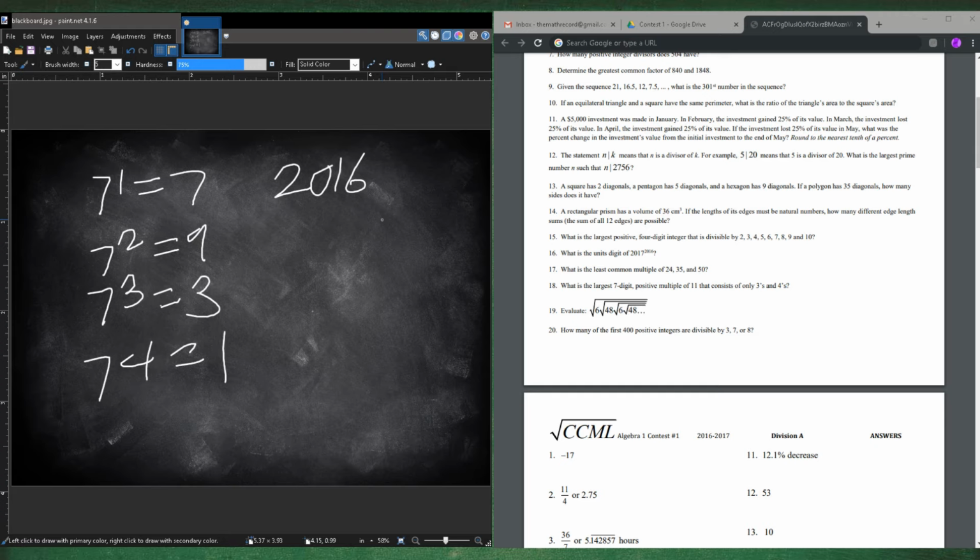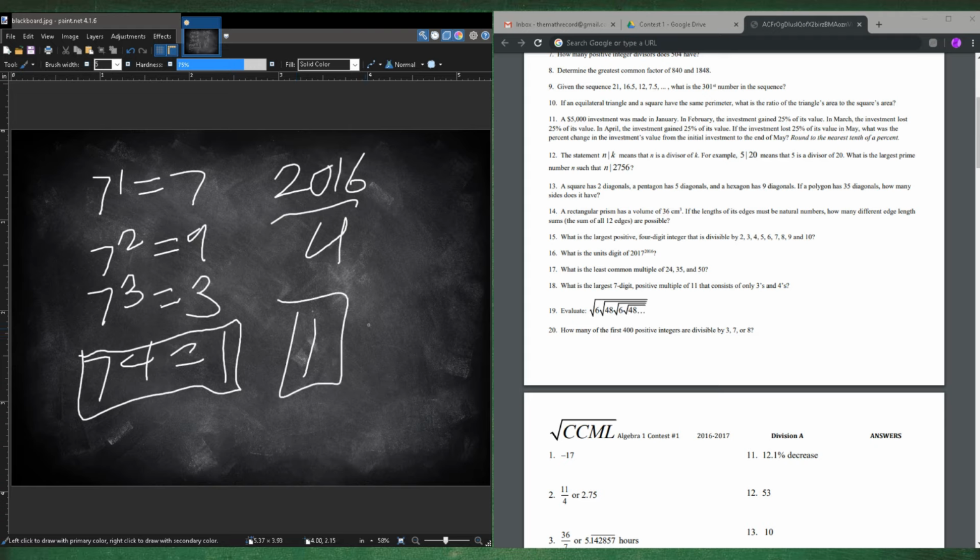Since 2016 is divisible by 4, that means it has to end at the last combination. This would be 1, 2, 3, 4, 5, 6, 7, 8, 9, 10, 11, 12, 13, 14, 15, 16. You see how all these numbers are divisible by 4? So 2016 is divisible by 4, so it has to end at 1. So the answer is just 1.